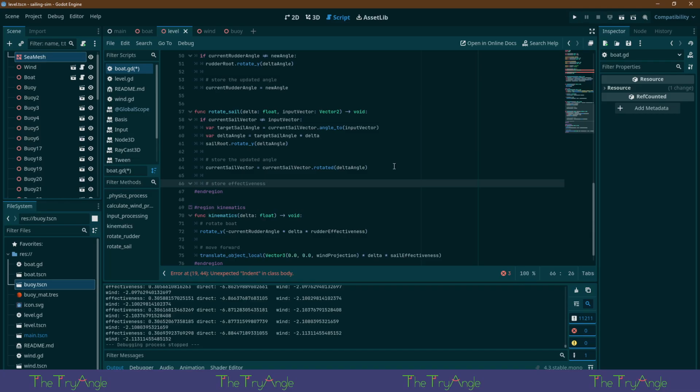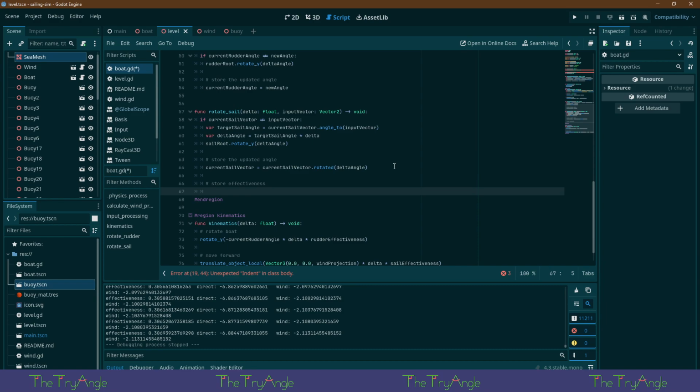I want to say it should be a dot product. It's clamped at 0.